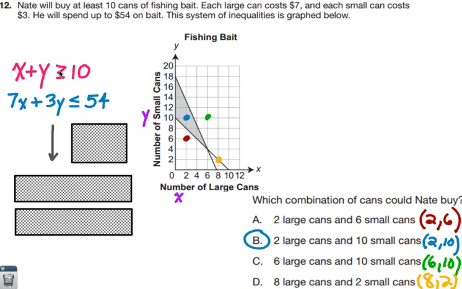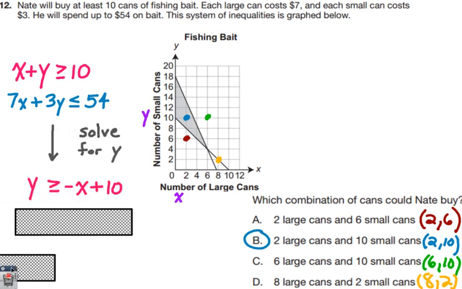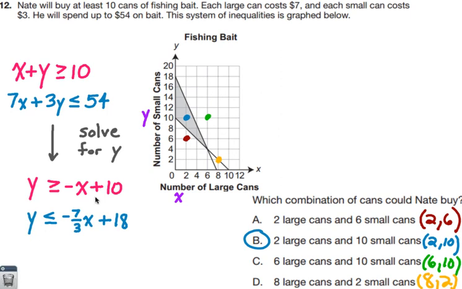So look at the symbols, from the wording about spending up to $54 and at least 10 cans total. This is the system that could have been written, and especially when you solve these for y, you should be able to see that, oh yeah, this is the graph from those systems of inequalities, okay?